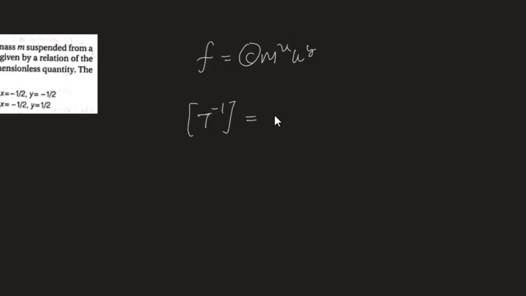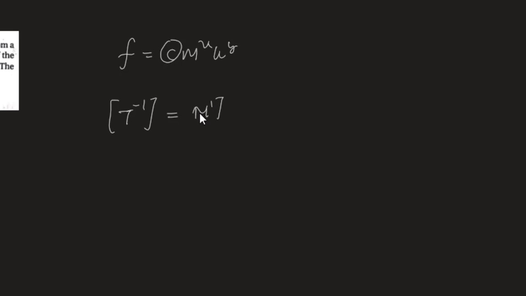The value of x and y? If C is a dimensionless quantity, just ignore this one. Frequency is given, and its dimension is T minus 1. So T minus 1 is equal to m to the power x, where m is mass, and k is the spring constant. And what is the dimension of the spring constant? We know F is equal to kx.